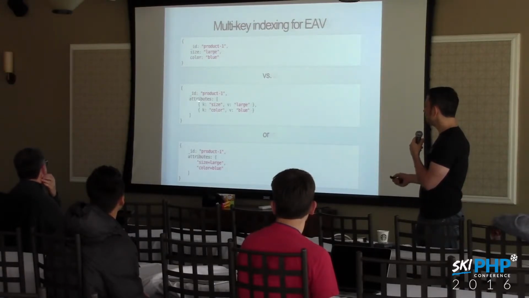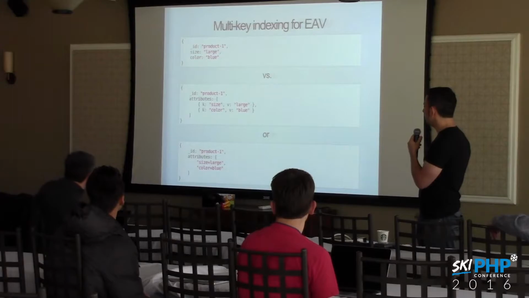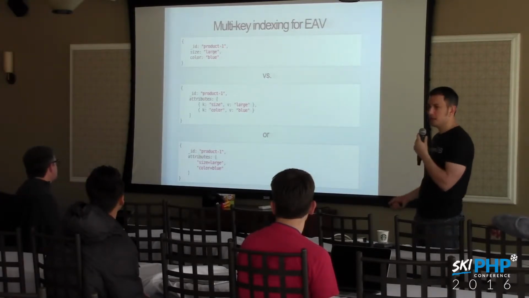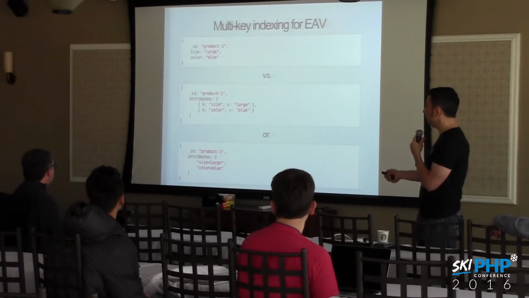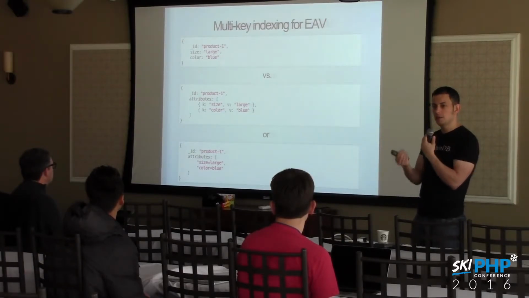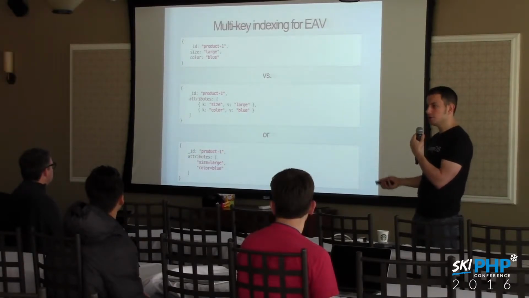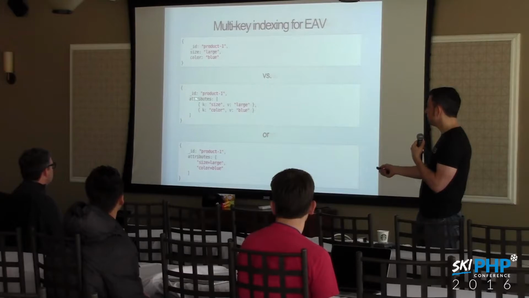So a more efficient approach to this is, again, taking advantage of multi-key indexing, we can have an array and store, as long as the field names are the same, we can index, in this case, attributes.k, attributes.v, and be able to search for, find me all documents where attributes contains an element where the key is size and the v is large. So looking for a size large, still making use of just one single index on attributes.